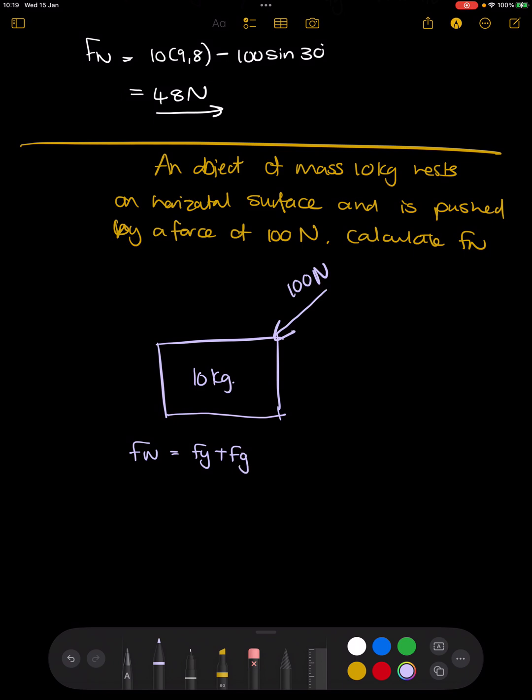And the reason for that is there's now an additional force that's being pushed down on it. So my Fy is still going to be 100 sine 30. And then my Fg is still going to be that, which means my final normal force is going to be that.